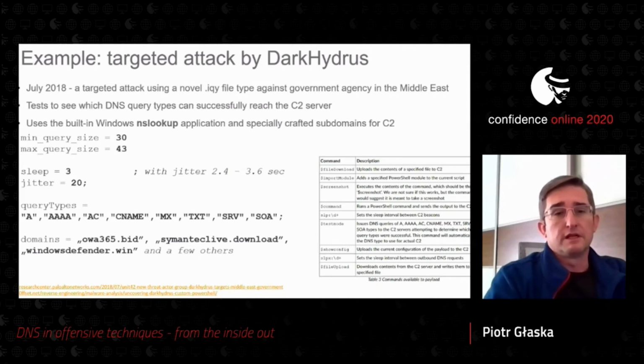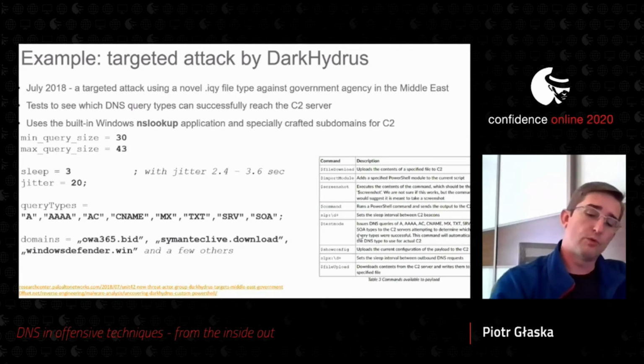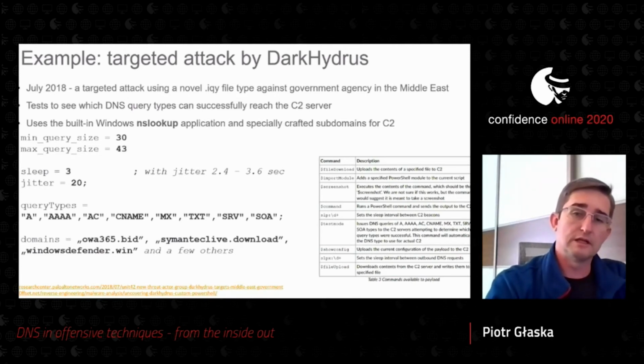What they also did was a test of what kind of query records are blocked by a security system. In the table, you have different commands which could be sent from the C2 server to the infected machine. And one of them was test mode. Then the infected endpoint would send some queries with different records. They would first send an A query for one of these domain names.